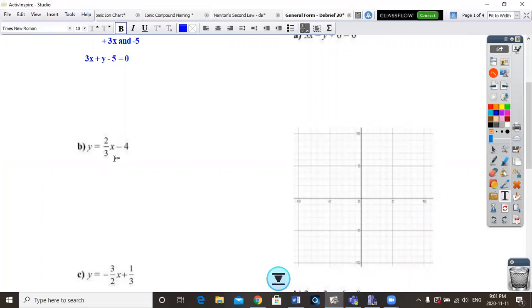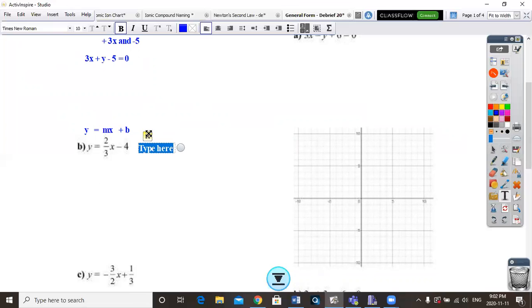The second example here, you'll notice that this is the slope-intercept form. So I'll write that above there. Slope-intercept. We recognize this as y equals mx plus b. So hopefully you recognize that y equals mx plus b, where m is the slope, rise over run, and b is the y-intercept.